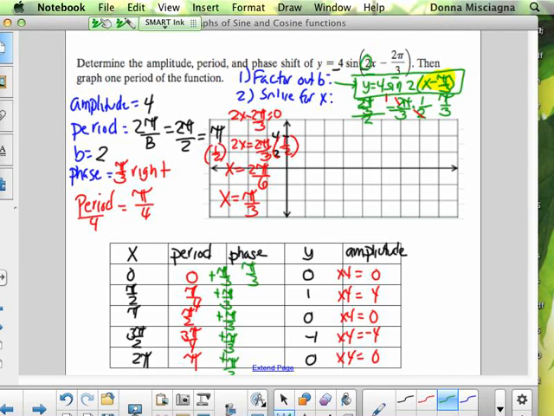Pi fourths plus pi thirds. Oh, isn't that a lovely number to add together? All right, so pi fourths, I'm just going to do it off to the side here. The smallest multiple 4 and 3 have in common is 12. So I could change pi fourths by multiplying the numerator and denominator by 3, so that would be 3 pi 12ths.